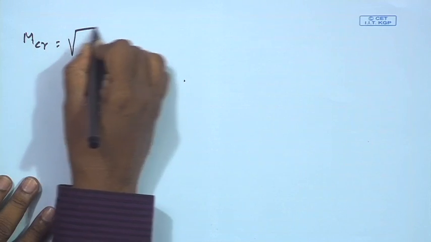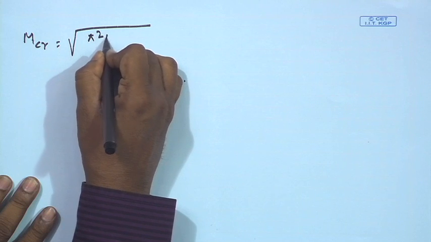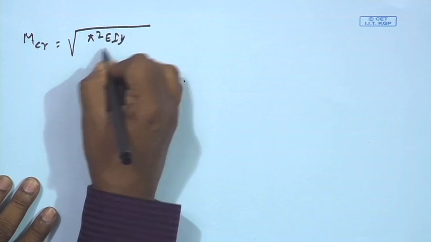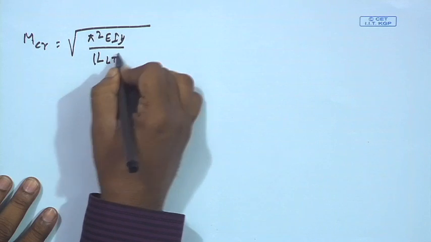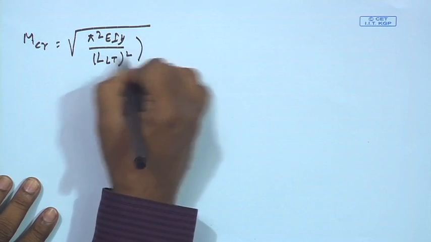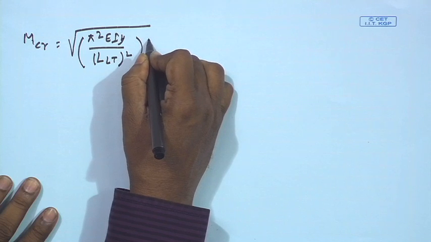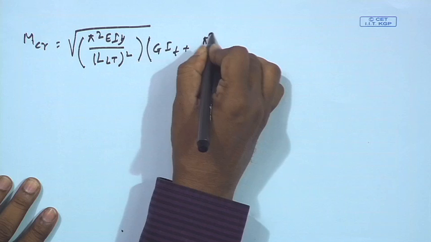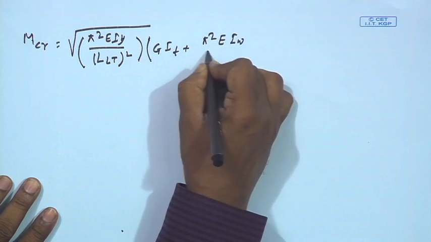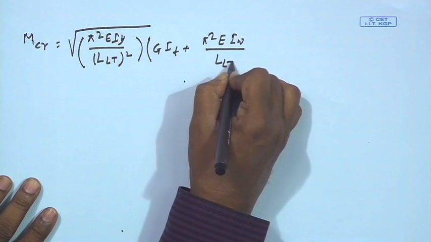For that, we find the elastic critical moment Mcr as pi square E Iy by LLT square into GIt plus pi square E Iw by LLT square.